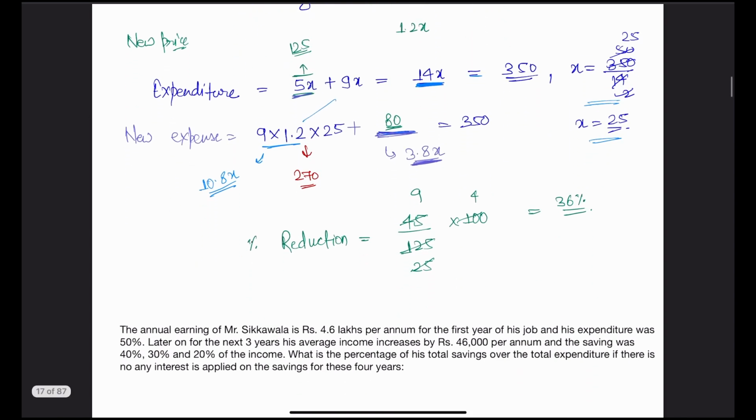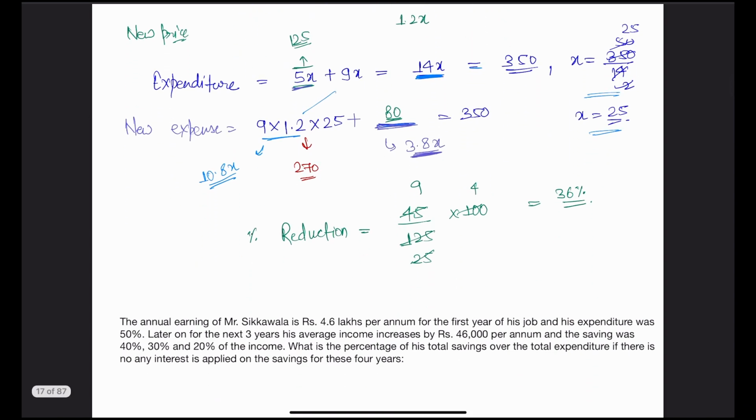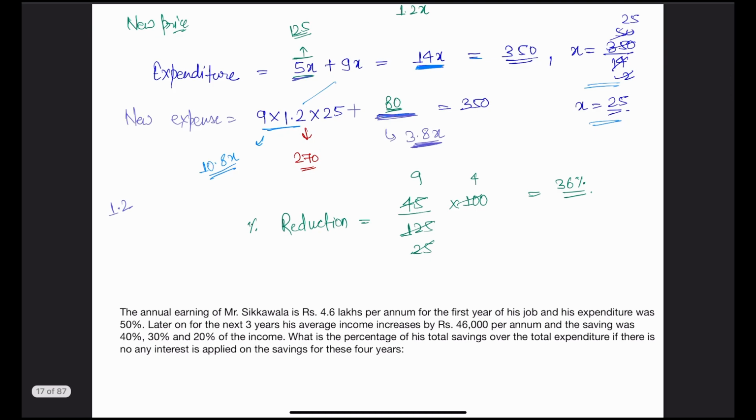Right. So what is the difference? What is the reduction? Reduction is 1.2. Again I am saying 3.2 now. I am making mistakes like anything. So 3.2. So how much will be the difference? Difference is again 1.8. 1.8 divided by 5 into 100.